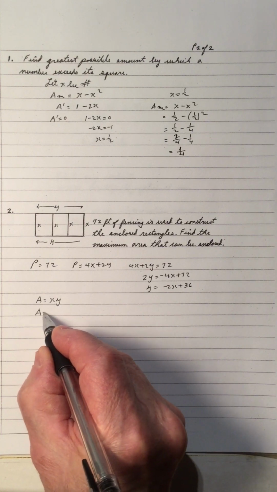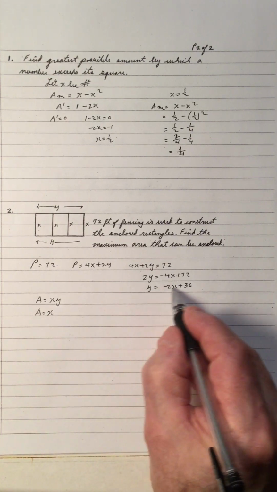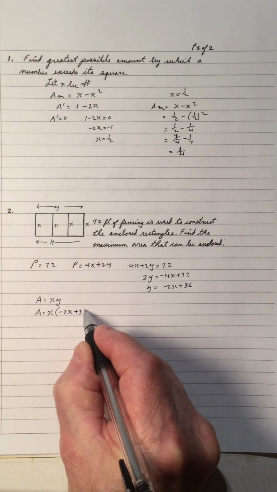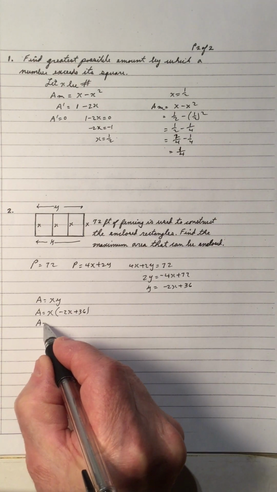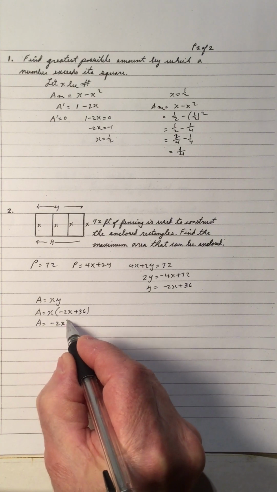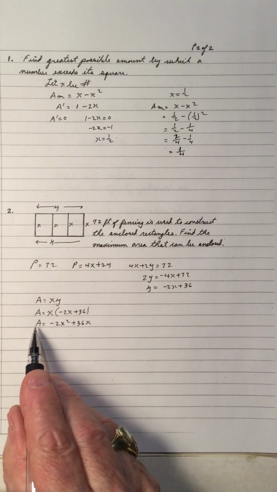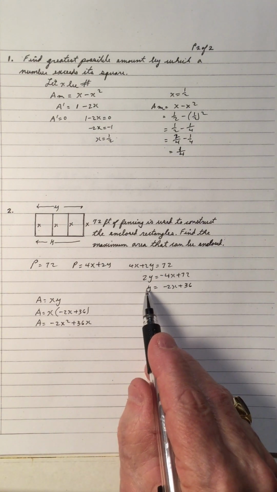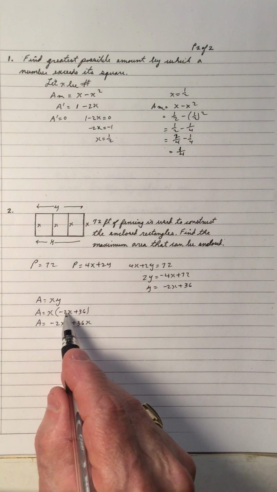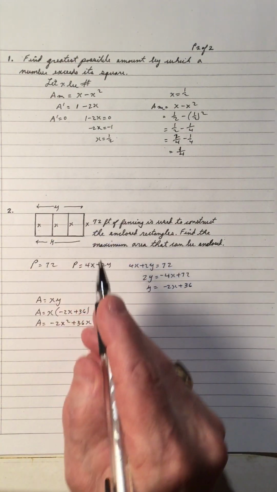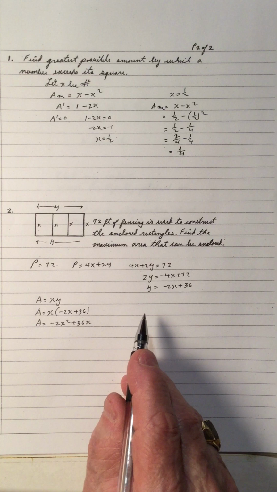So if we substitute y as negative 2x plus 36, now the area is negative 2x squared plus 36x. Because we took the perimeter equation, solved for y, and subbed it in, the area is now a function of x, which is the width of the field.